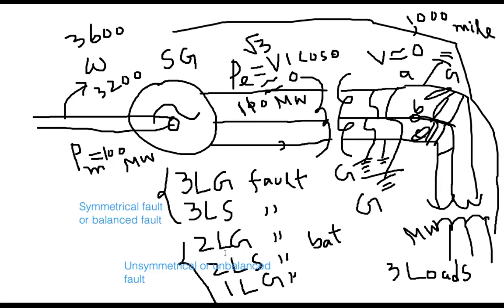So now, although an unbalanced or unsymmetrical fault does not involve all 3 phases, it actually has a much more negative effect on the system compared to the symmetrical one. I mean, the symmetrical faults are the most severe in the sense that the fault current magnitude is much higher compared to the unbalanced case. But the unbalanced faults, 2LG, 2LS, 1LG, have another type of negative impact on the system.